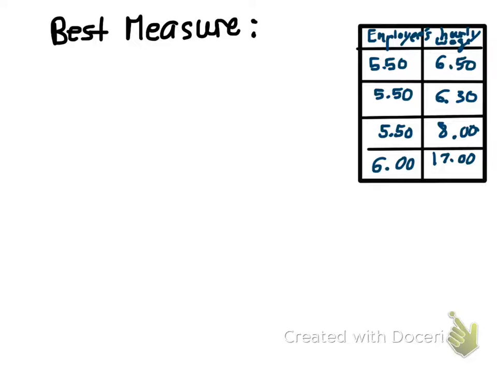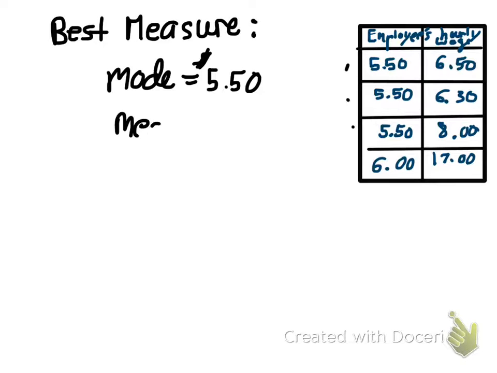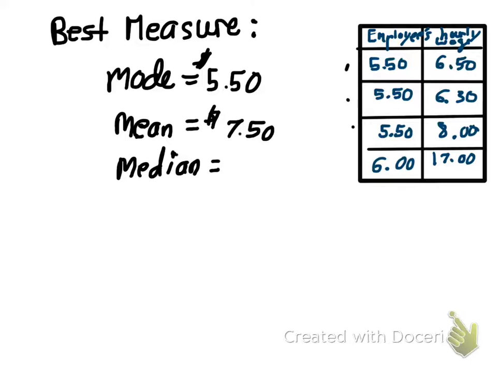The mode in this set of data is 5.50 because that number occurs the most often. It occurs 3 different times. No other number repeats. The mean, or the average, if we add all these up and then divide by 8, since there are 8 numbers, is 7.50. And the median, the number in the middle if we list them in order, is 6.10.